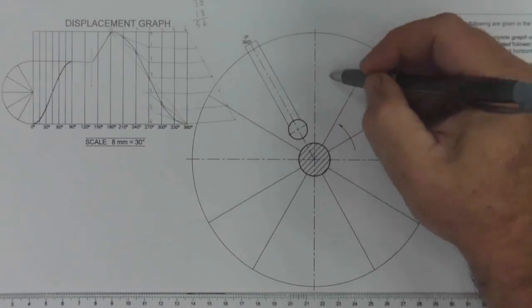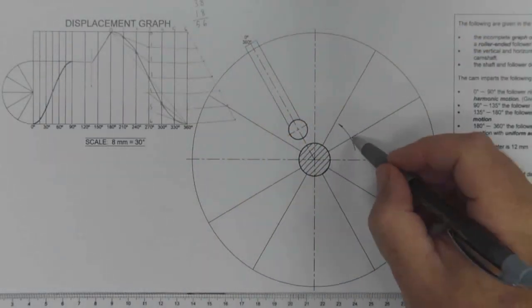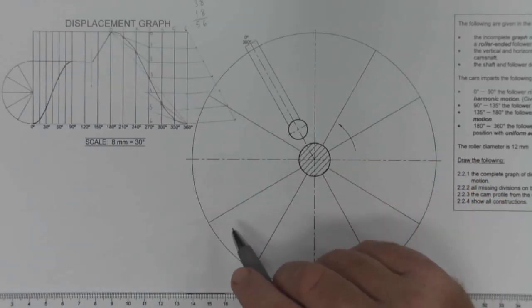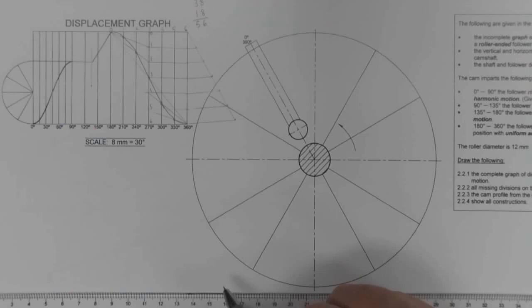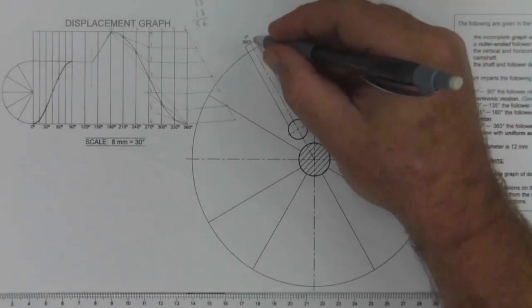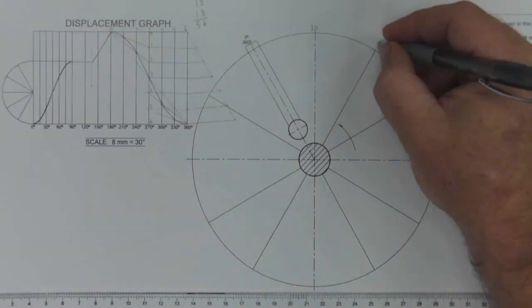Okay, I'm now going to label my different divisions. Now, if our direction of rotation has been given as anti-clockwise, what we need to do is label clockwise. So here's 0, that will make this 30.